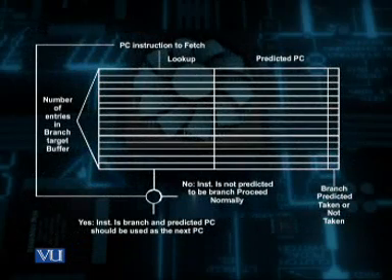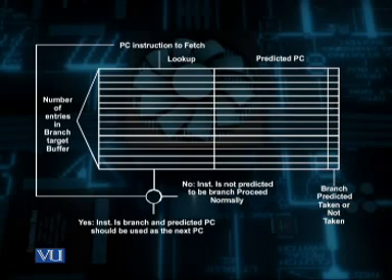One field is known as the lookup area, which gets information from the program counter, the instruction to fetch. The second is the predicted program counter, that is the target address. And the third column contains the branch prediction, that is whether it is taken or not taken. It is single-bit information.